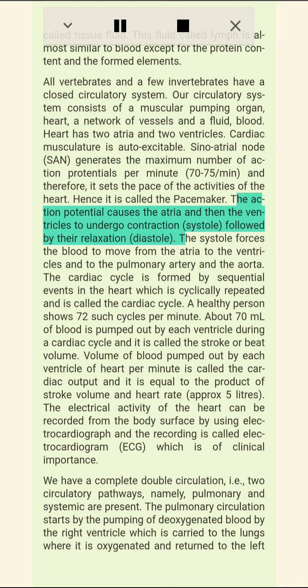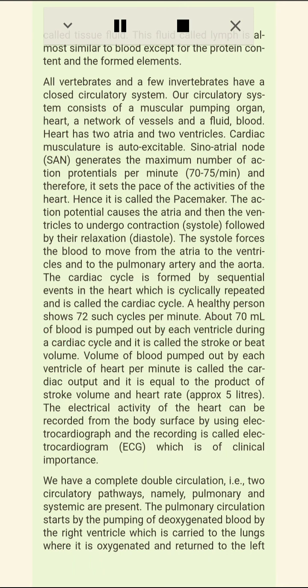The action potential causes the atria and then the ventricles to undergo contraction, systole, followed by their relaxation, diastole. The systole forces the blood to move from the atria to the ventricles and to the pulmonary artery and the aorta. The sequential events in the heart which are cyclically repeated are called the cardiac cycle. A healthy person shows 72 such cycles per minute.